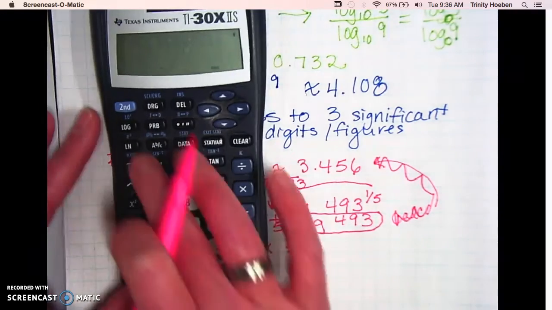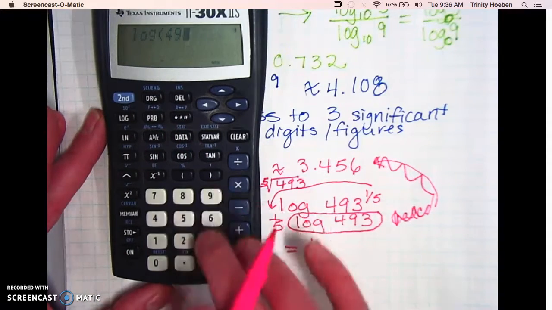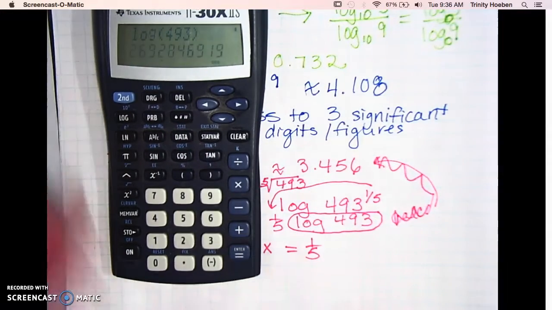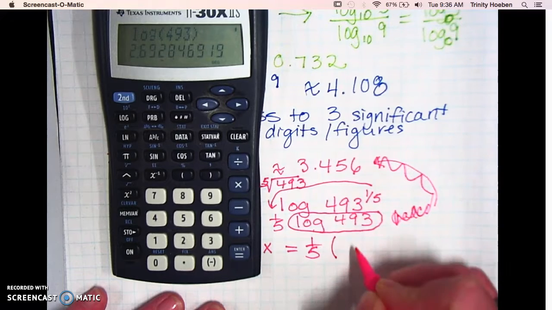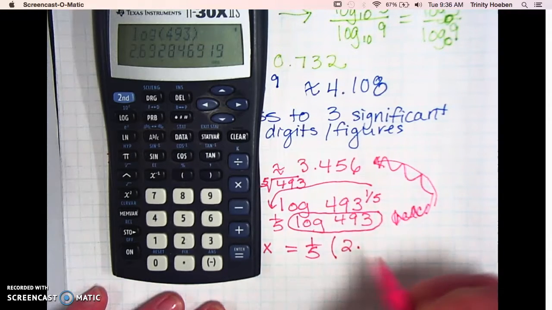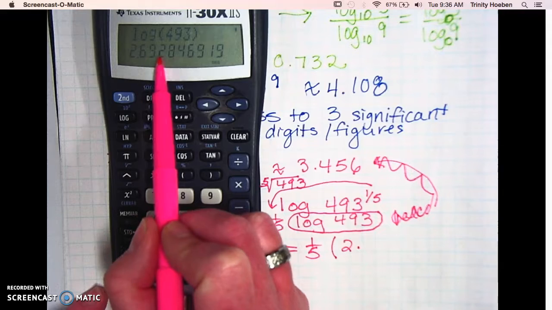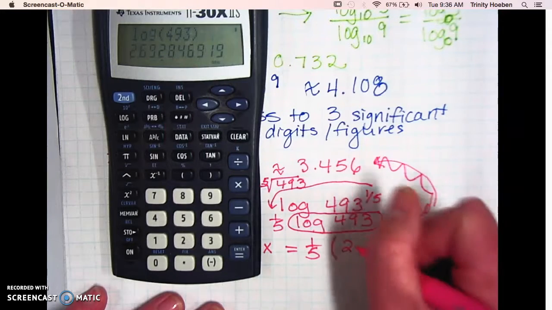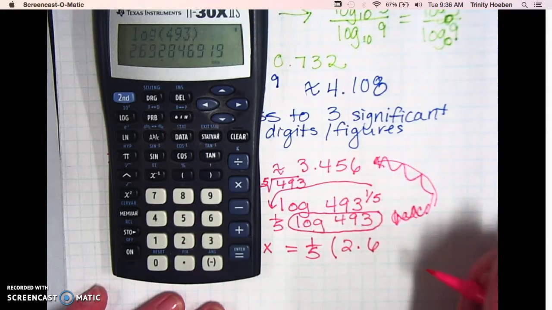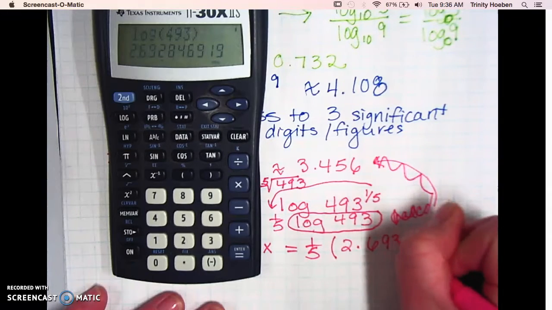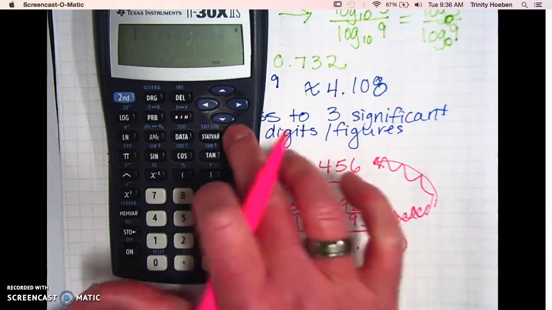So you just go log of 493, hit the equals, and you're going to get 2.692, but there's an 8 next to it. So we're going to do 2.693.